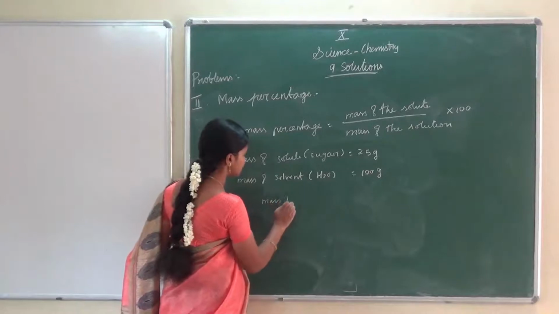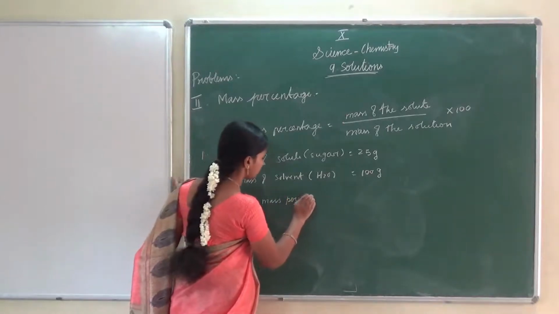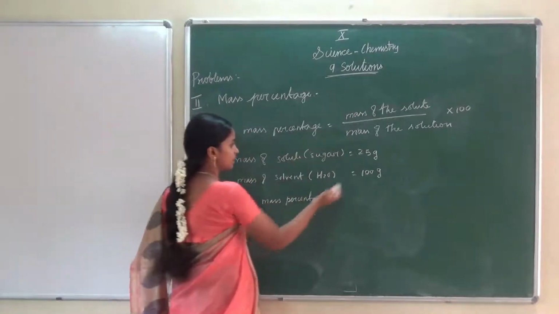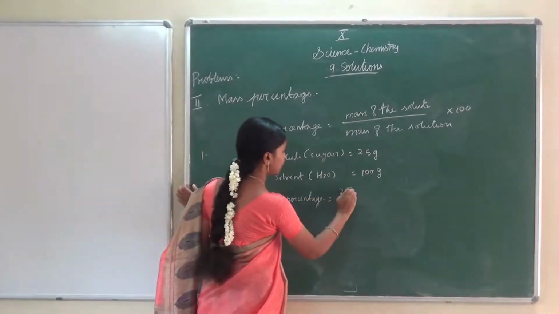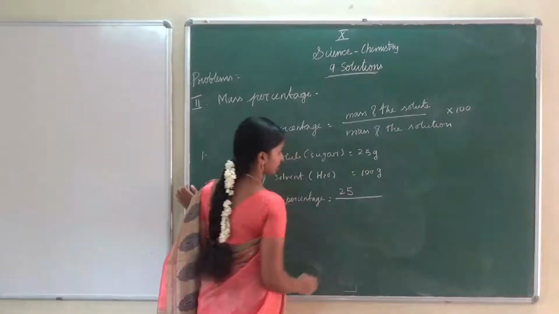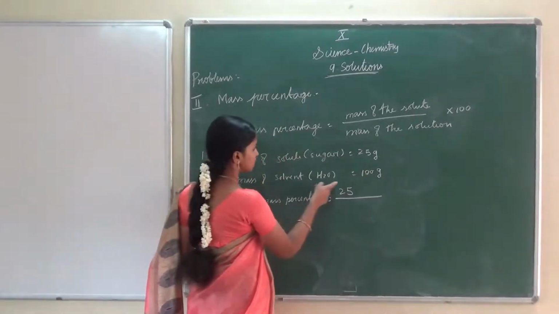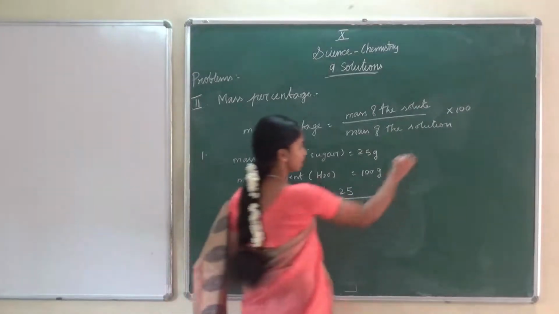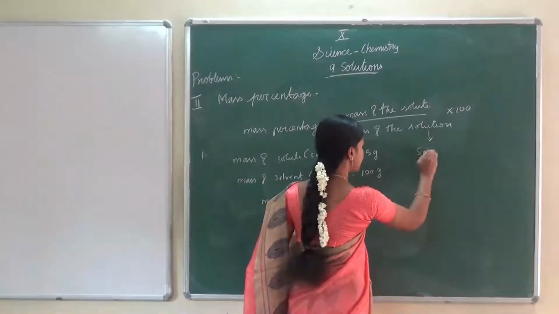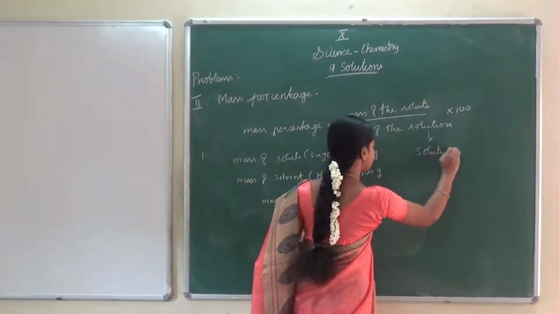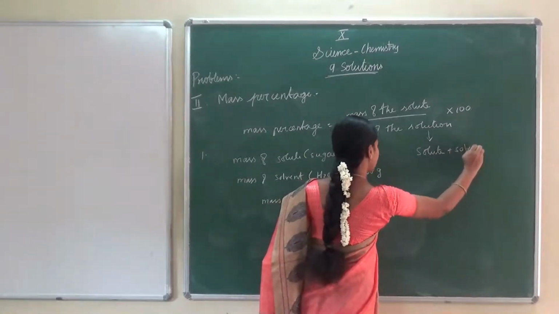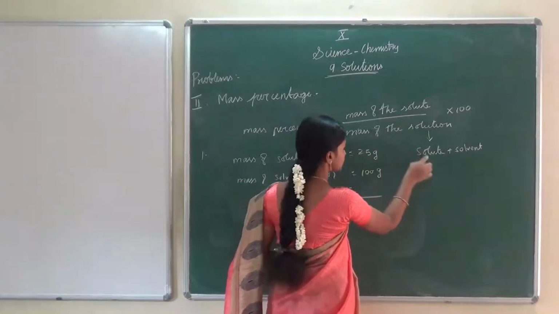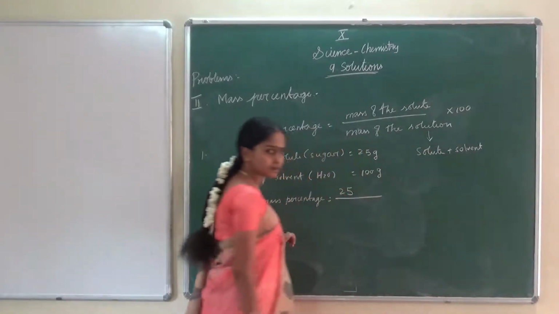Mass percentage is equal to mass of the solute. What is the mass of the solute here? 25 gram divided by mass of the solution. Solution here is nothing but solute plus solvent. Okay, so mass of the solution is nothing but mass of the solute plus mass of the solvent.